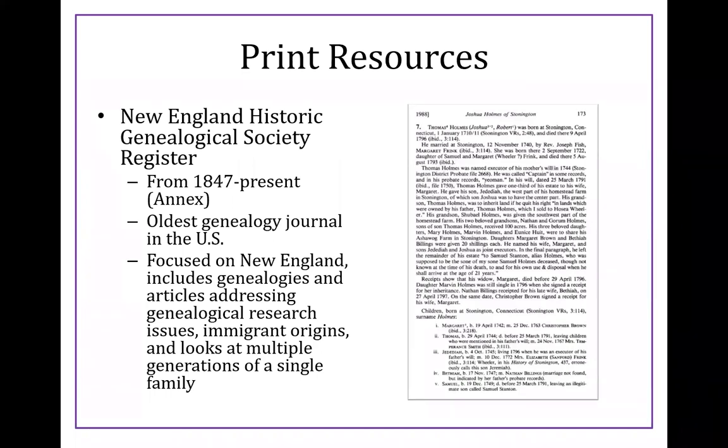The New England Historic Genealogical Society Register is the oldest genealogy journal in the United States, and it is still in publication. It is published by, as you can probably guess, the New England Historic Genealogical Society, so it does focus on New England. It includes family genealogies, which is what the example on the right shows.